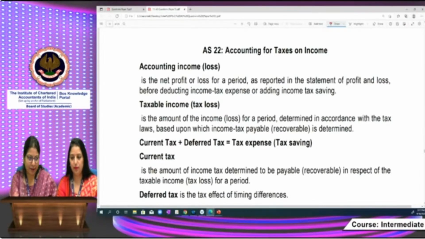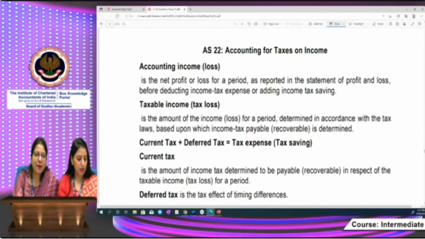Different types of taxes exist, but here we are concentrating specifically on income tax. What is the reason behind introducing this accounting standard?